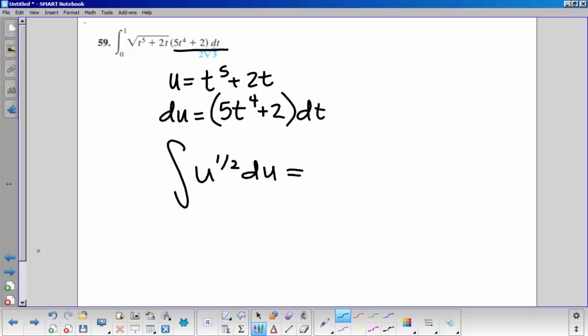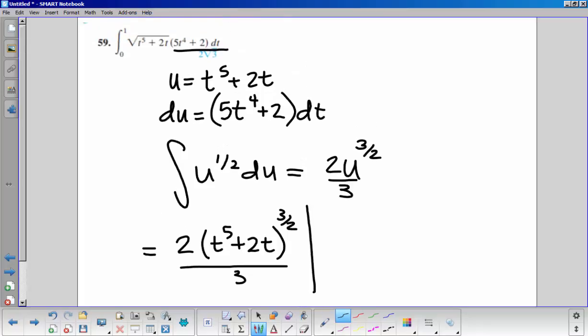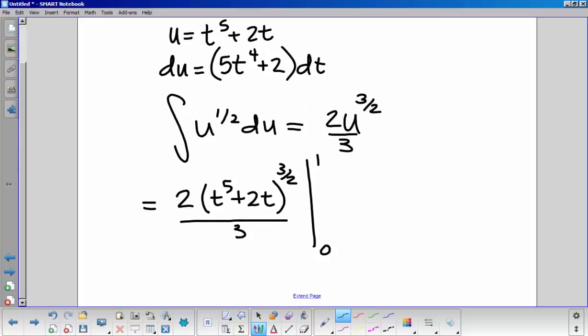If you take the antiderivative of that, you get u to the 3/2 times 2/3. And then we plug in u, and that's going to be 2 times t to the 5th plus 2t to the 3/2, divided by 3, evaluated between 0 and 1.